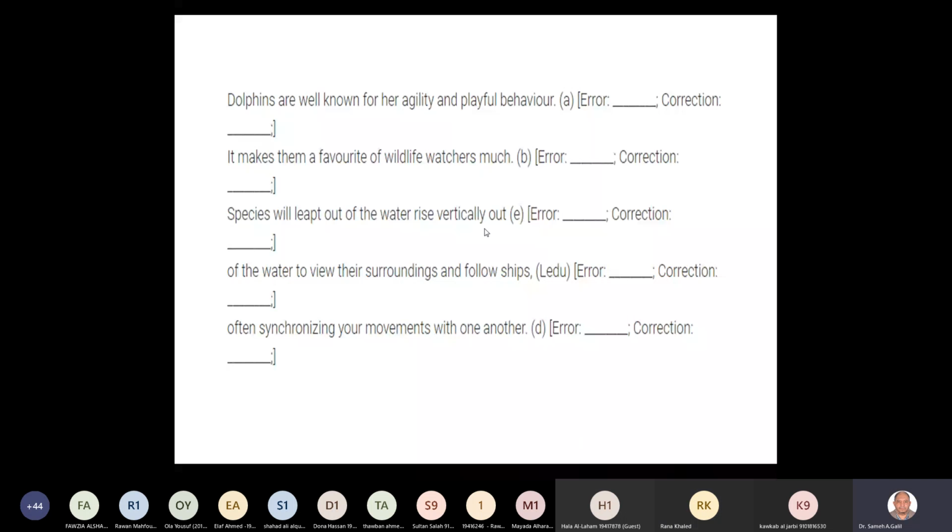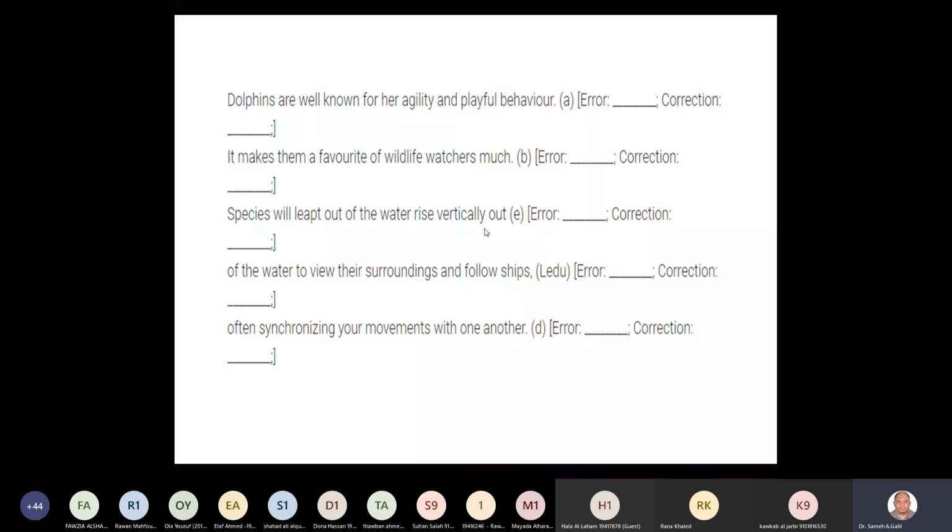So it makes them a favorite of many wildlife watchers, or a favorite of a lot of wildlife watchers. Okay, we're moving to 3. So species will leap. We said leap. Species will leap out of the water.